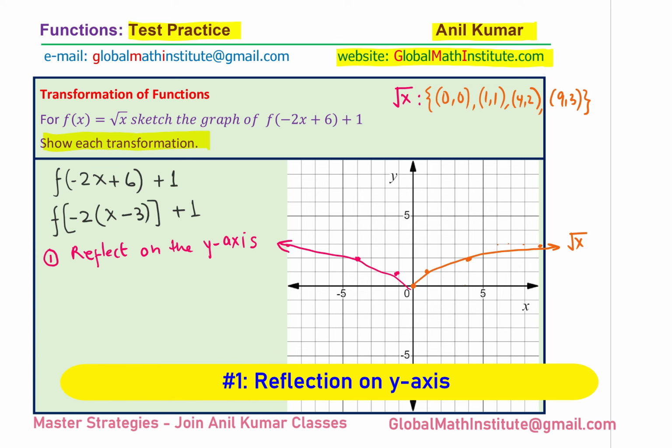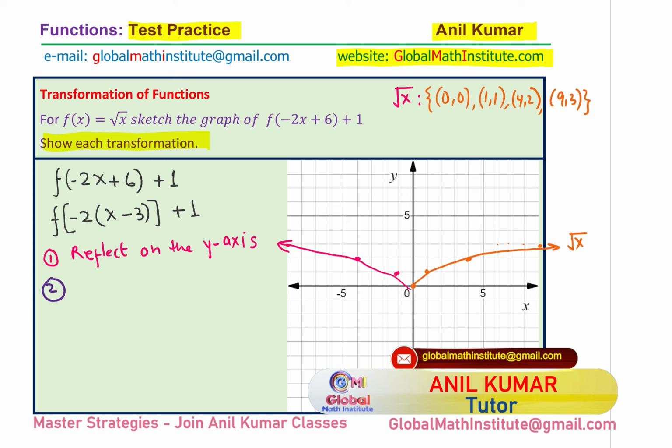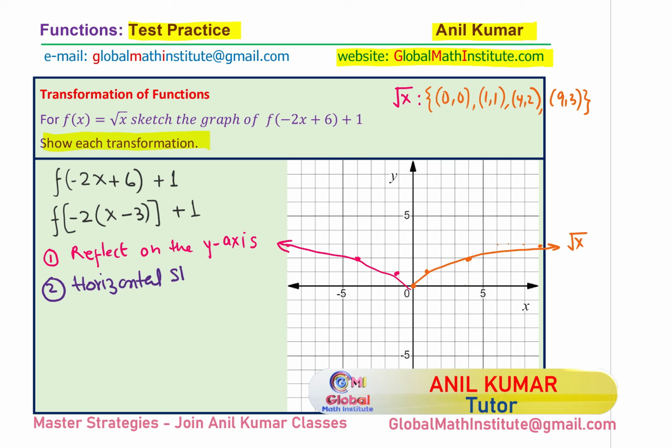Now let's get inside and look into this second part, which is 2. The reflection is done, and the value 2 is a horizontal stretch. Is it stretch or compression? Inside, it is reversing, right?